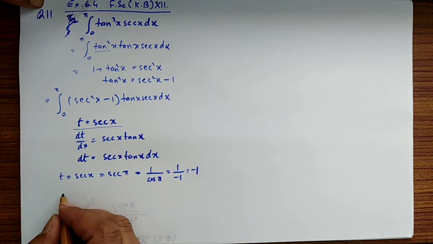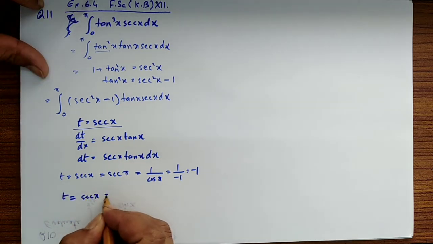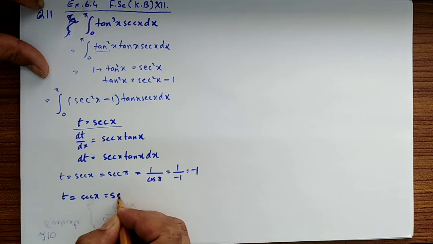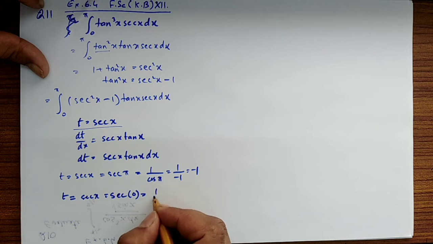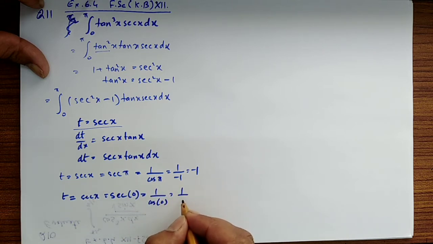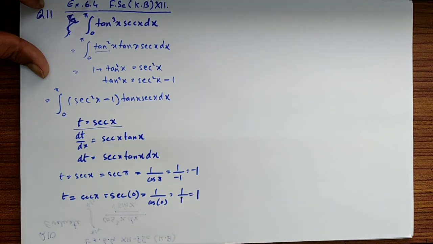Similarly, t equals sec x, and in place of x I am going to put 0, which gives 1 upon cos 0, that is 1 upon 1, that is 1, right. So my limits are minus 1 and 1.